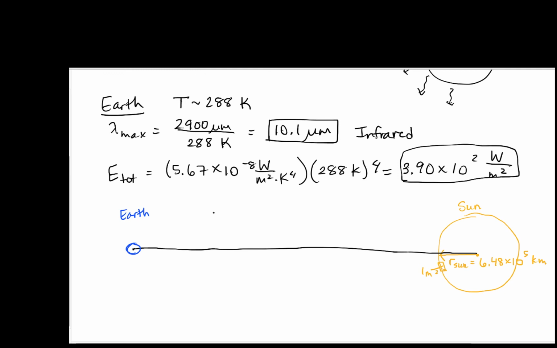And this distance is 1.50 times 10 to the 8 kilometers. Which, honestly, given how big the radius of the sun is, this doesn't seem like that far away, right? 10 to the 8th versus 10 to the 5th. I know their powers are orders of magnitude, but still, it feels like this number is really large. The sun is pretty huge.